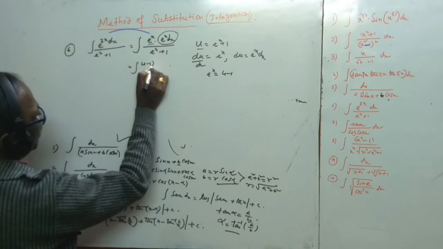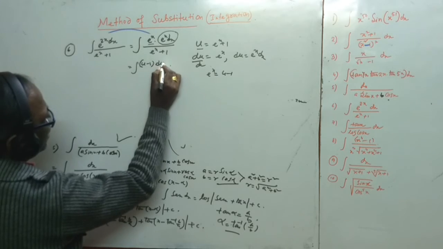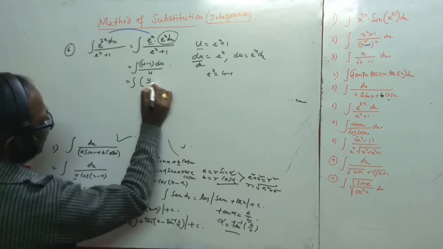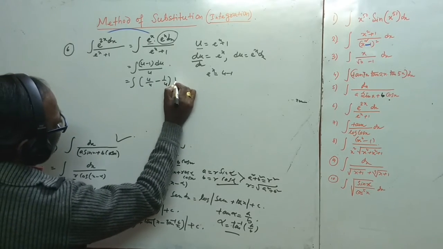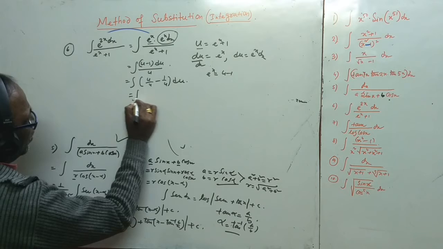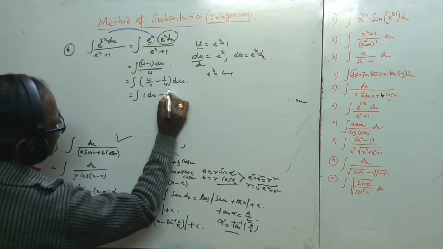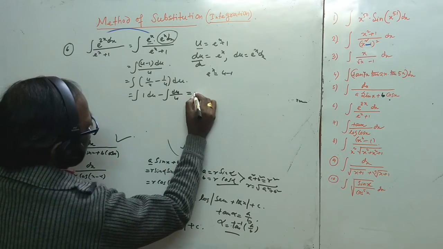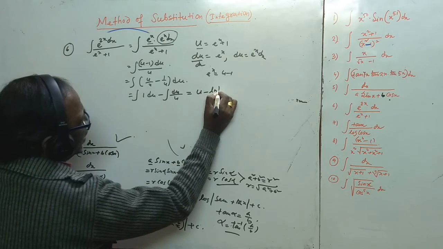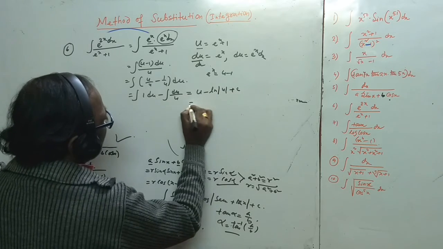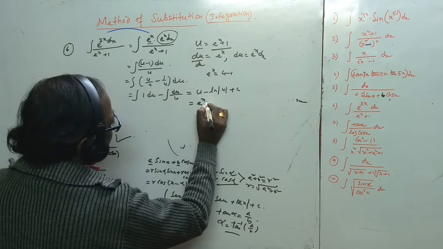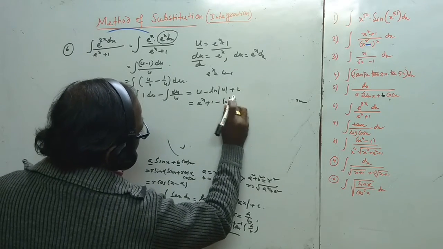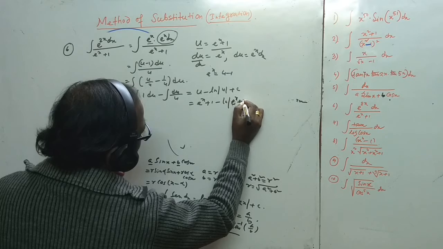So we put here u minus 1 and this is du by u. Divide u minus 1 by u, du. This gives 1 du minus du by u, and that is equal to u minus ln mod of u plus c. U means e to the power x plus 1, and ln of e to the power x plus 1, plus c.